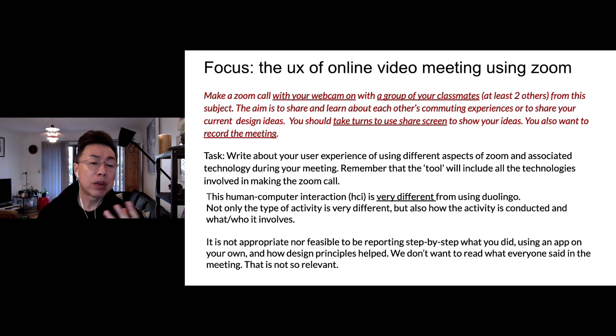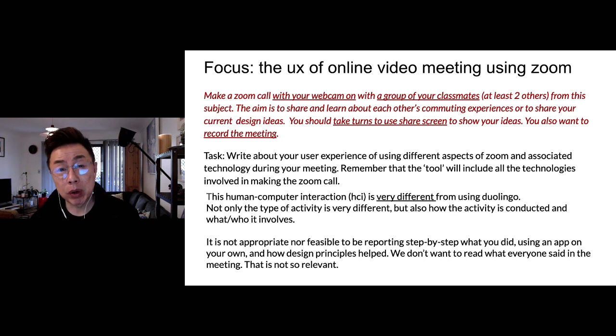Okay, so the task we want you to do is to write about your user experience of using the different aspects of Zoom. So using Zoom and the video on to chat, to talk to people, as well as to share screen and to record. Okay, remember what the tool is, because it would include the different technologies that you need to make this Zoom call.